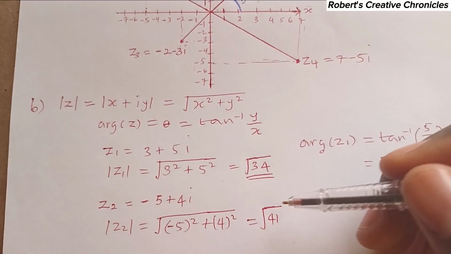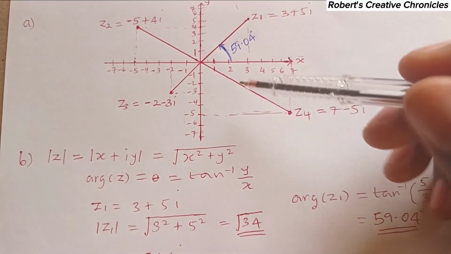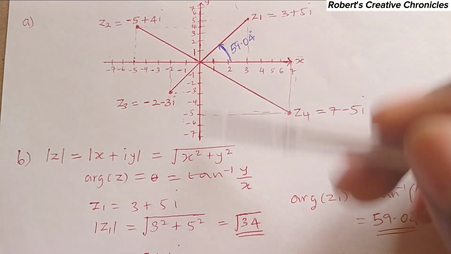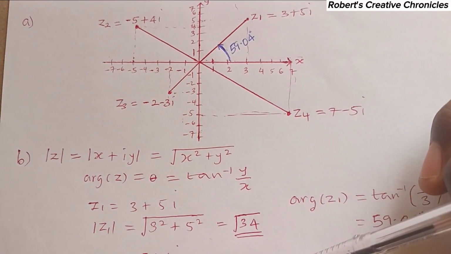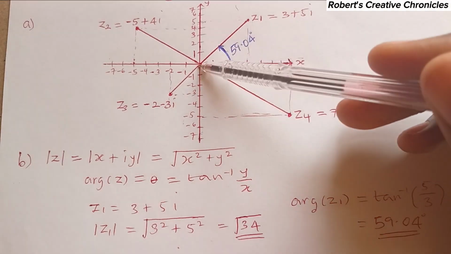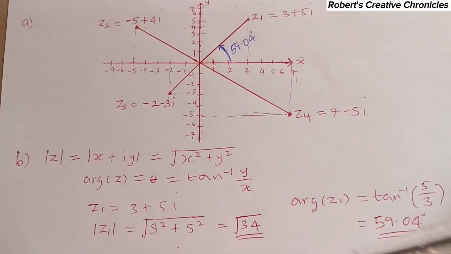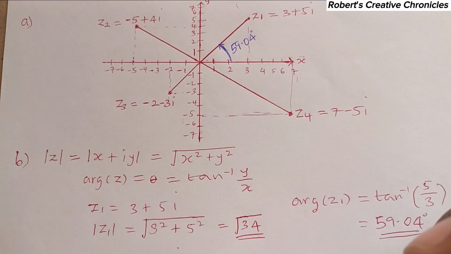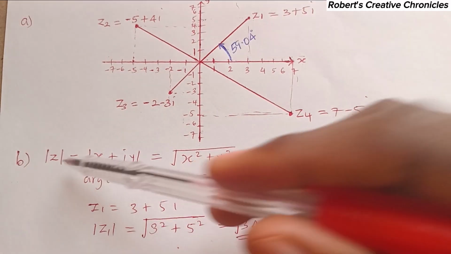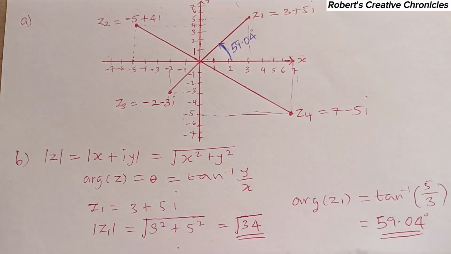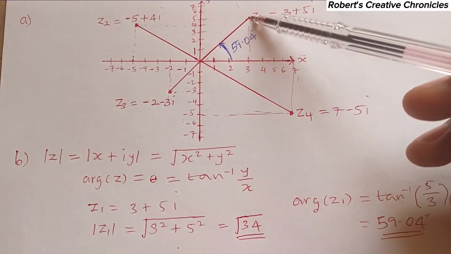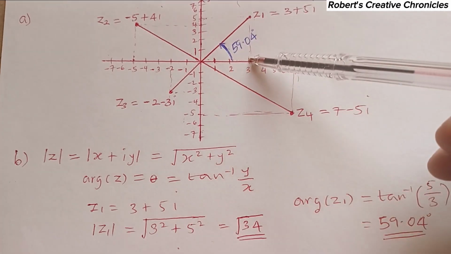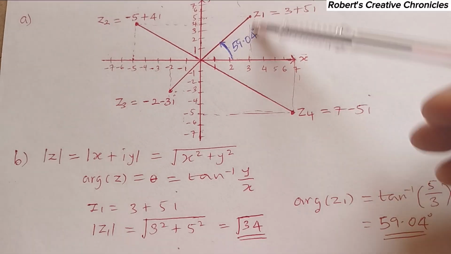And this modulus, you can show on the diagram. The modulus is the length of this line. So this line z2 is root of 41. This line z1 is root of 34. Another symbol used to represent the modulus of z is r, so the modulus of z1 is r1, and this is r2. Normally, if you use Pythagoras theorem, this square equals this square plus this square.